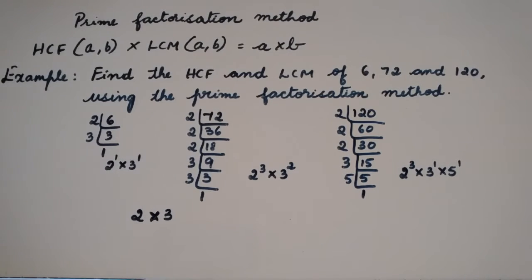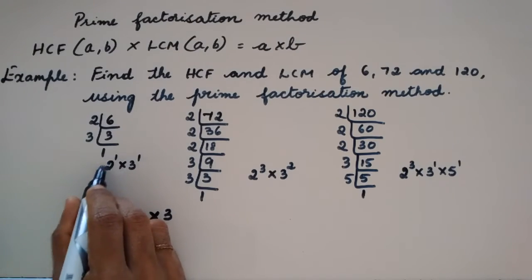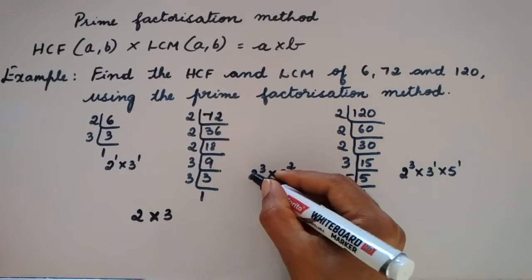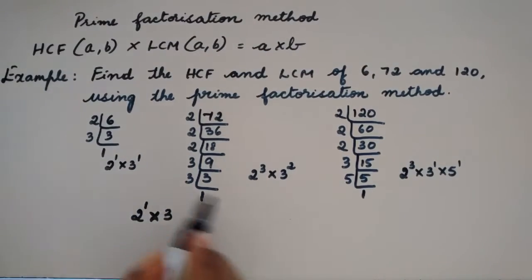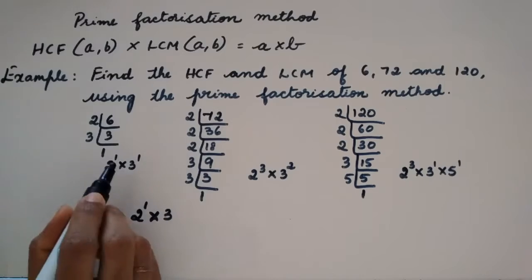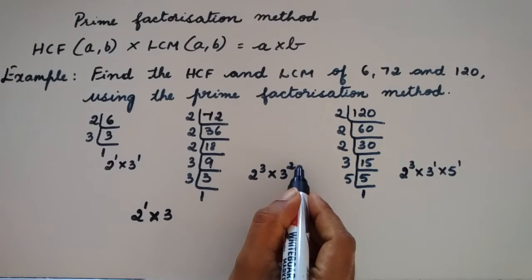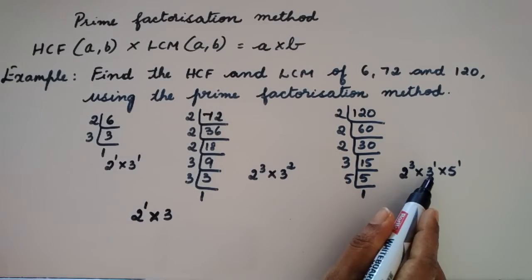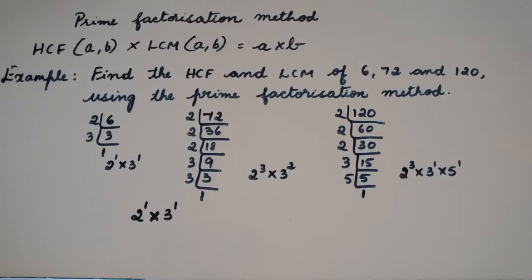And the product of the smallest power. So which is the smallest power of 2, whether it is 2 to the power 1 or 2 to the power 3? Just 2 to the power 1, isn't it? So what is the smallest power of 3? Is it 3 to the power 1, 3 to the power 2? And here it is 3 to the power 1. Yes.